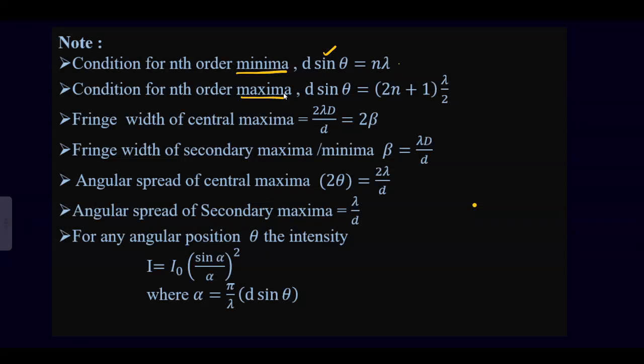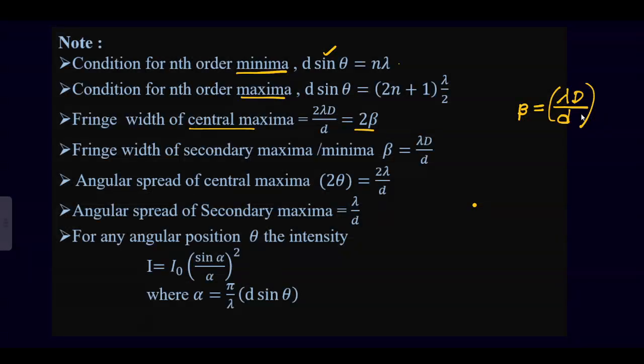Another important thing: we have seen the fringe width beta, which is given as lambda D by d. In YDSE, the widths of each fringe are the same. But in diffraction, the width of the central maxima is 2 times beta. The remaining ones are normal beta only.